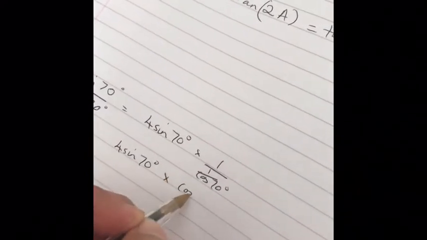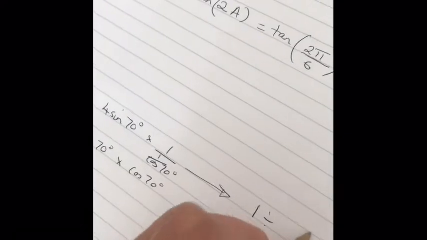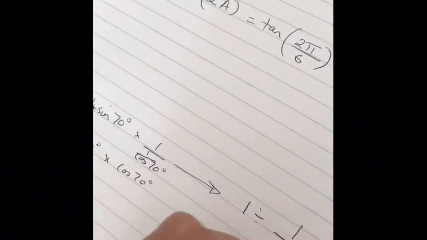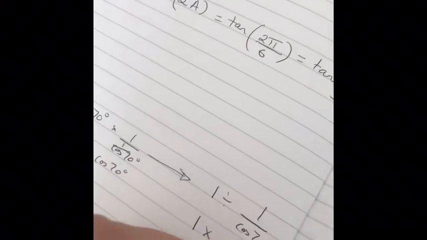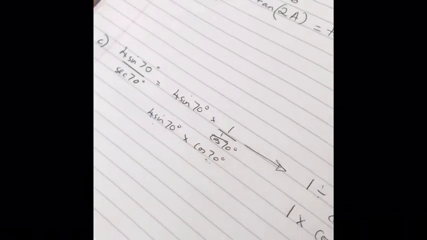So that is the same as cos 70. Okay, so if you're not sure, let me just show you. So 1 divided by 1 over cos 70. When you divide by a fraction, you flip it and multiply, like that, which is why I've got cos 70 there. So I've got 4 sine 70 times cos 70.